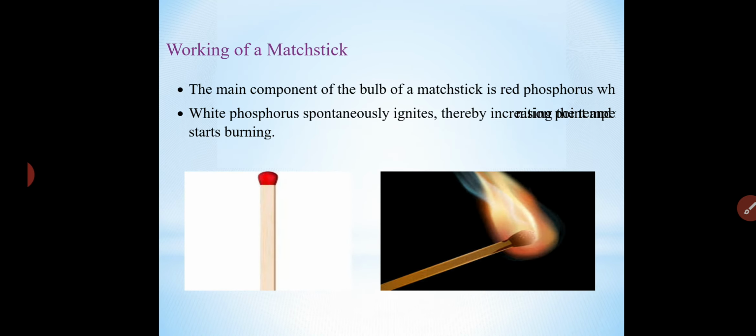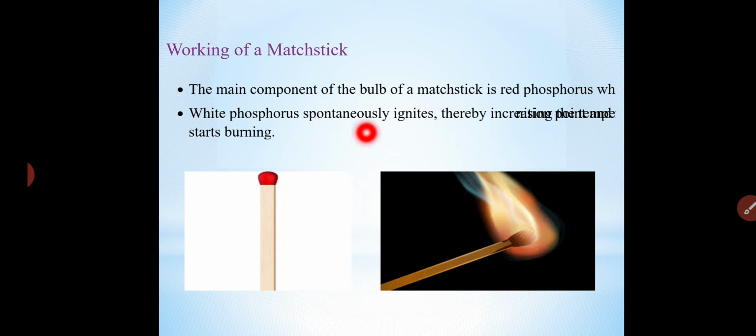Now, the matchstick. What is a matchstick? What is it made of? You can see a matchstick here, and its top is colored red. That red color is nothing but red phosphorus. The main component of the bulb of a matchstick is red phosphorus.